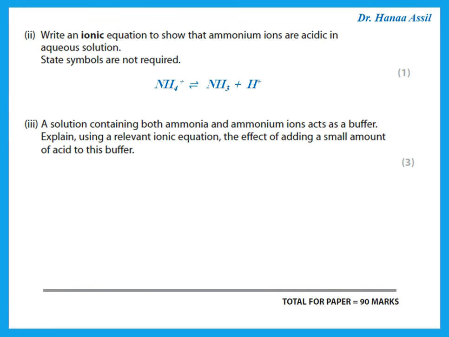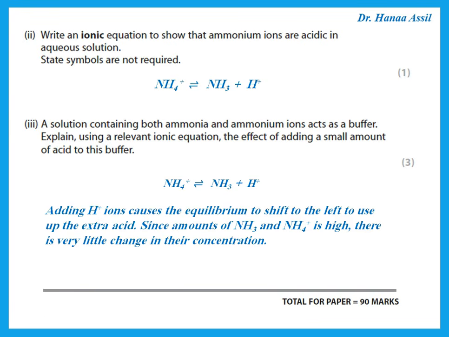A solution containing both ammonia and ammonium ions acts as a buffer. Explain using a relevant ionic equation the effect of adding a small amount of acid. So I have in my solution ammonia and ammonium ions. Now, if we add a small amount of acid, that means we are adding H plus ions.